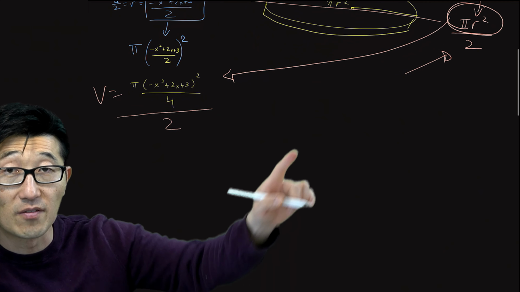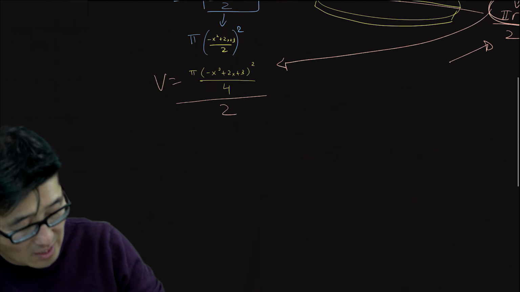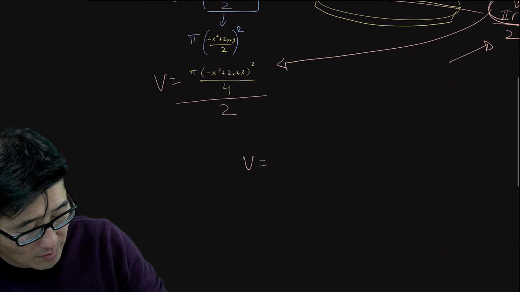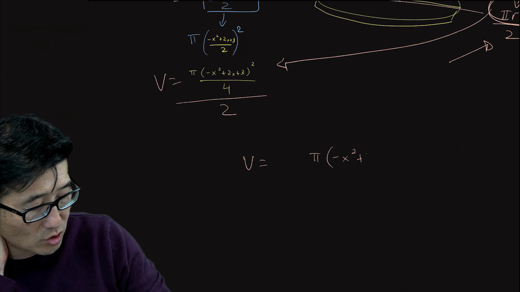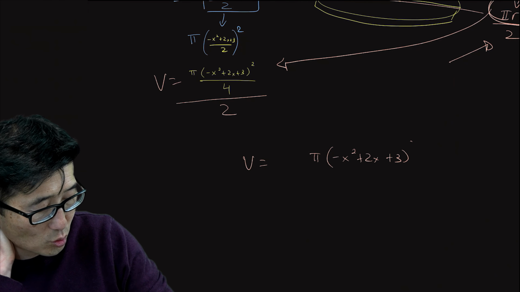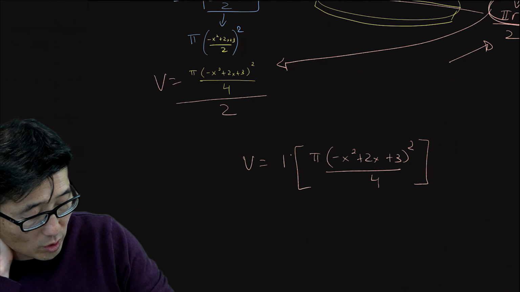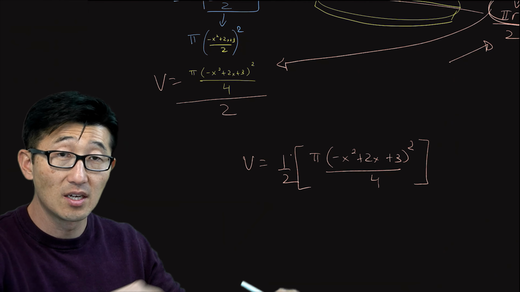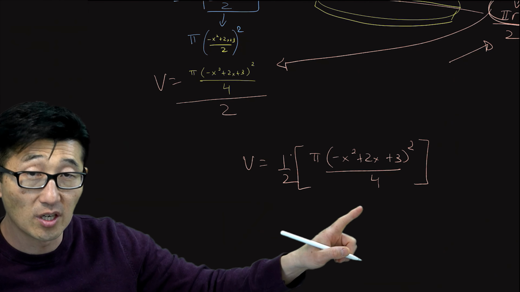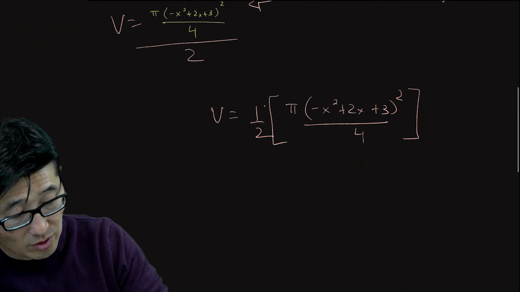So the volume of this right here is now pi times (negative x squared plus 2x plus 3) squared over 4, and then times 1/2. So we're going to take the whole circular cylinder and cut it in half and turn it into a semicircle. All right, so now what are we going to do?